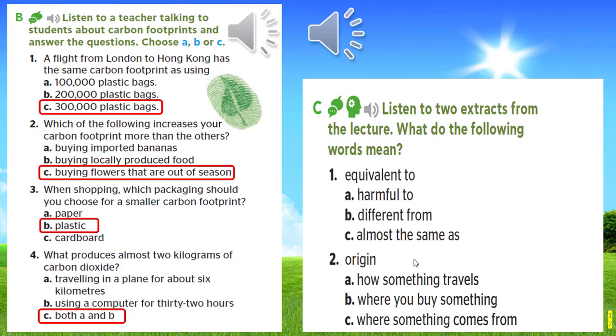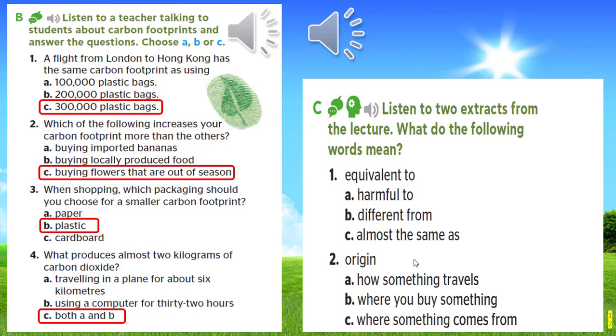Extract 2. We also need to be careful about the origin of the things we are buying when we go shopping. Buying things not produced locally will cause your carbon footprint to increase a lot because many are transported by air.